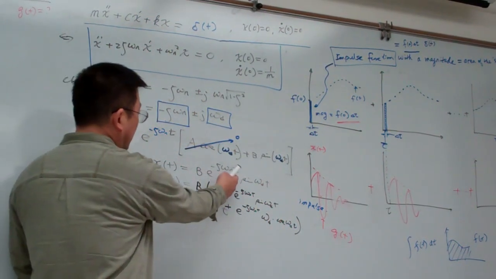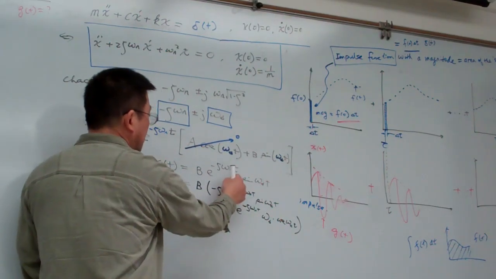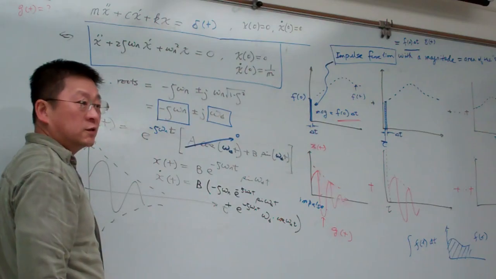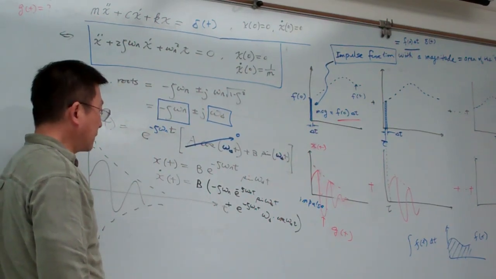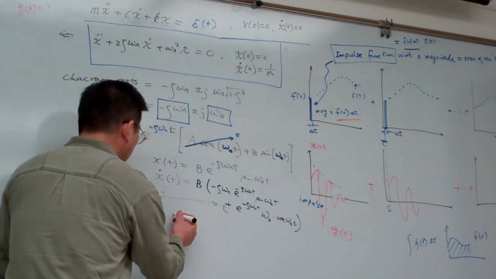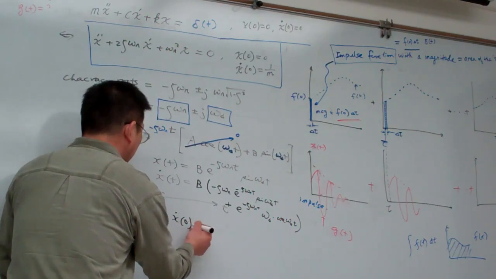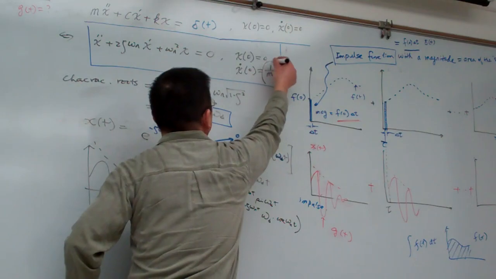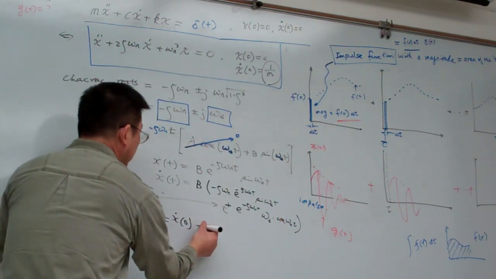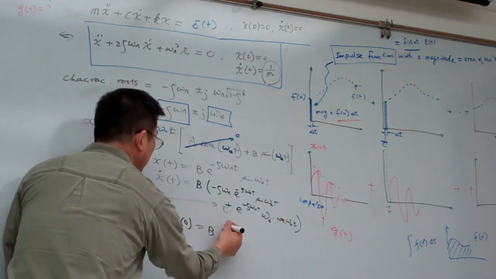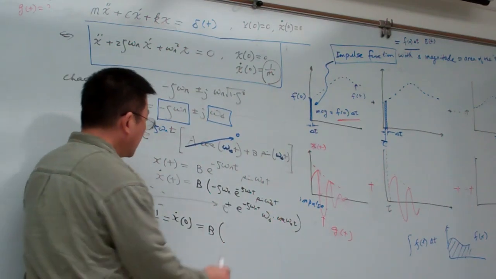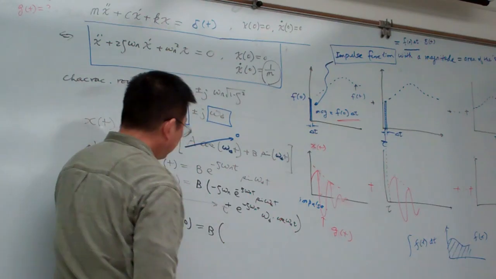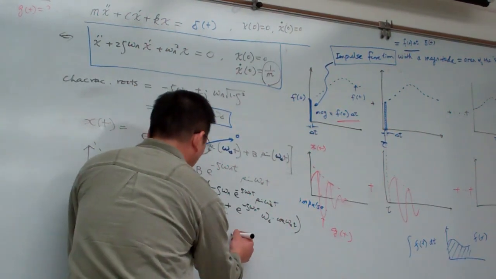Okay, because here there's a multiplication of the two time functions. So when we do the derivative, we do the partial derivative to each term. Therefore, we know the initial velocity x dot on one side equals 1 over m. On the other side, we plug into these equations, and that will be equal to omega d, right?